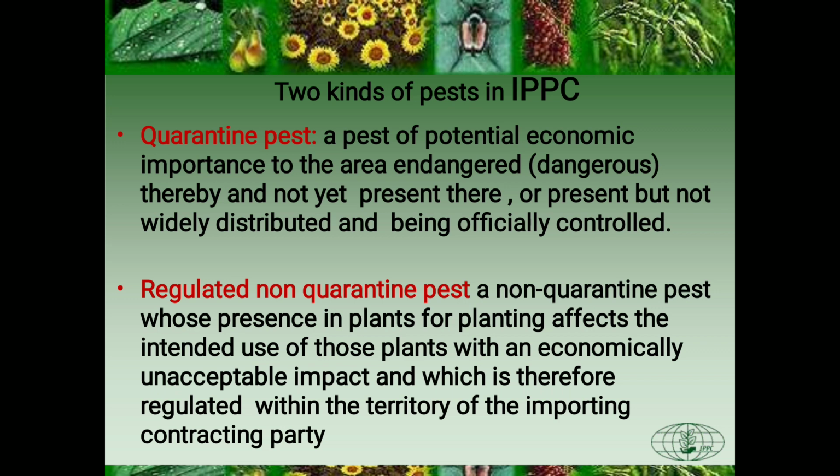Then there are two kinds of pest in IPPC. Mostly IPPC is concerned with two kinds of pest: quarantine pest and regulated non-quarantine pest. A quarantine pest is a pest of potential economic importance to the area endangered thereby, and not yet present there, or present but not widely distributed and being officially controlled.